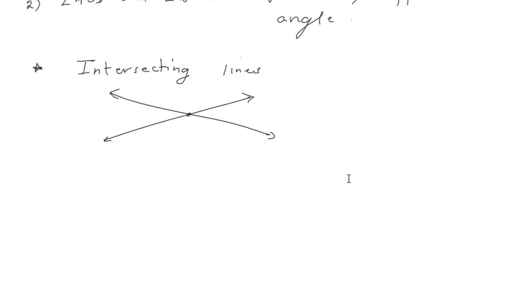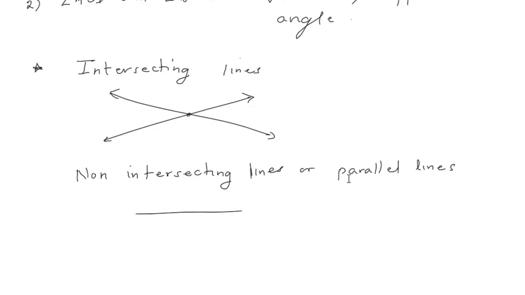And we have non-intersecting lines, which are also called parallel lines. So when two lines are never touching each other, then in that case we call these two lines parallel lines.